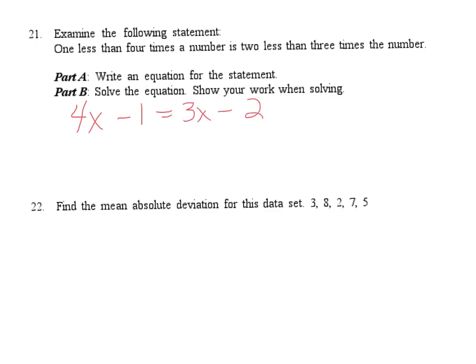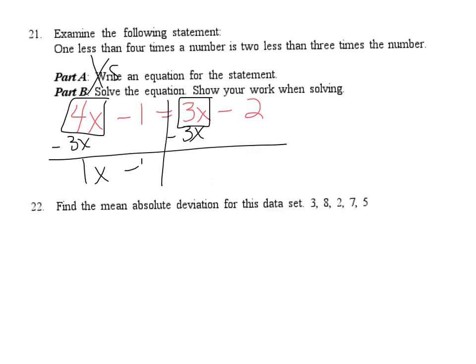So there's my equation. Draw my line down, box in my x's. The left side has bigger x's, so I'm going to move my 3x by subtracting it. So I get 1x minus 1 equals negative 2. I'm going to add 1 to both sides, and so when I do, I get 1x equals negative 1.